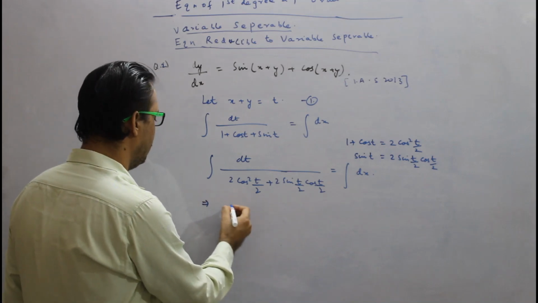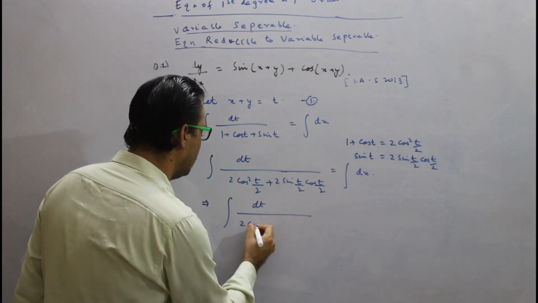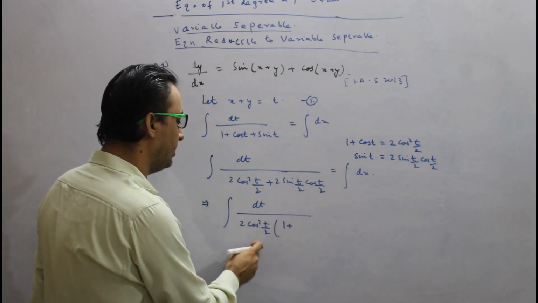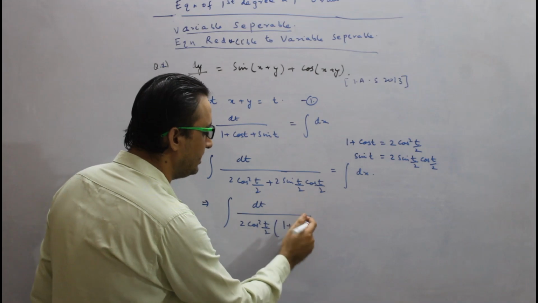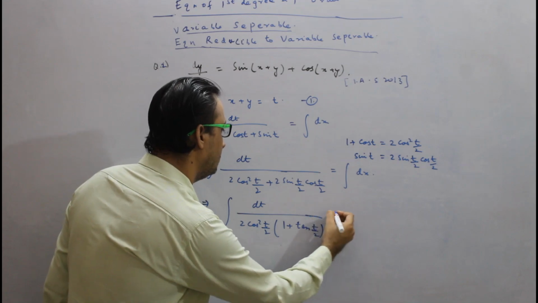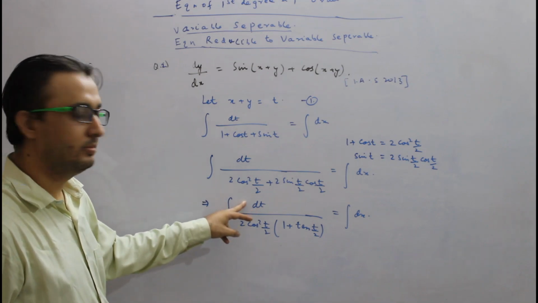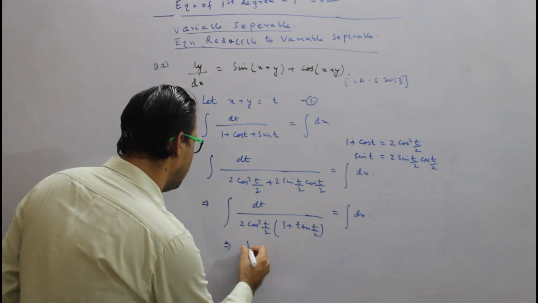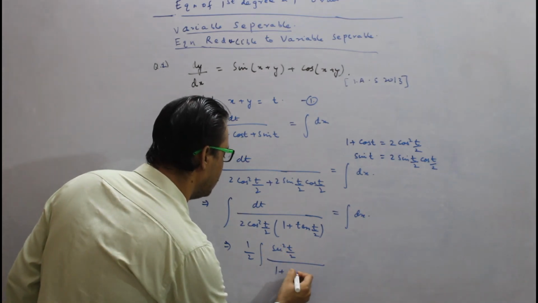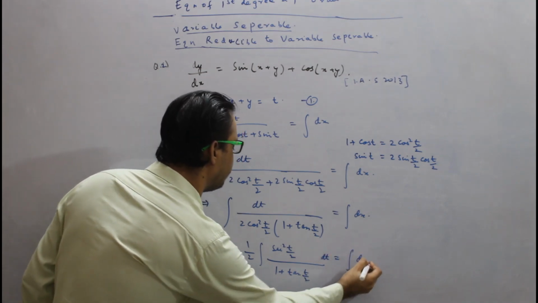If we take that as common, then this can be written as 2 cos square t by 2 times (1 plus sin t by 2 by cos t by 2, which is tan t by 2), and this is equal to dx. Okay, so if we send it to the numerator, this becomes half of sec square t by 2 divided by (1 plus tan t by 2) dt is equal to dx.